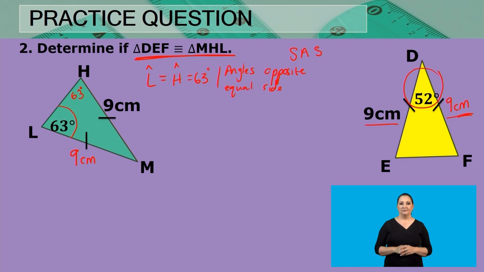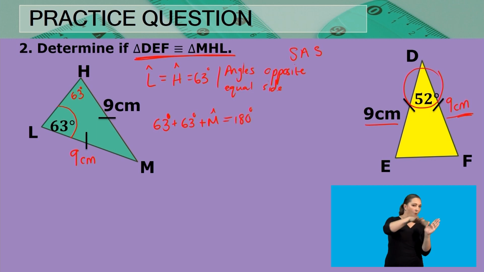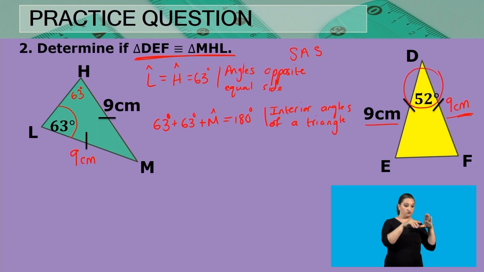Looking at the interior angles of a triangle, 63 degrees plus 63 degrees plus angle M gives us 180 degrees, because these three angles are the interior angles of a triangle, and those add up to 180 degrees.